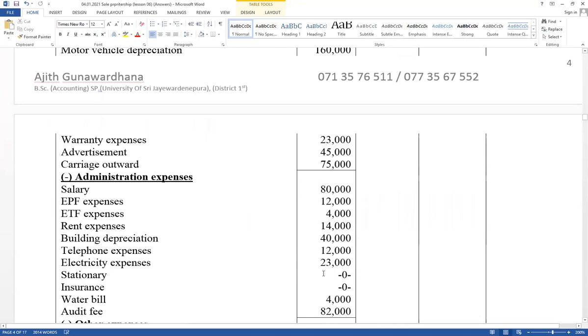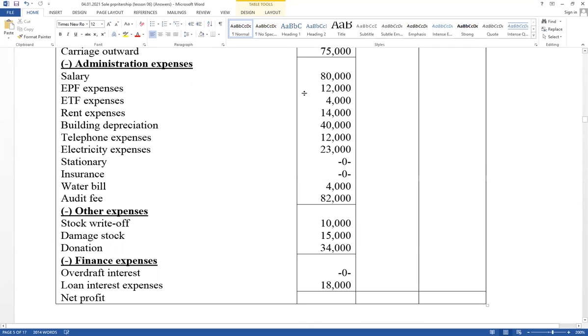And administration expense: salary, EPF expense, ETF expense, building depreciation, then telephone expense, electricity expense. If it has given stationery and insurance, also should be included under administration. But in this example, it has not given. Then water bill and audit fee.